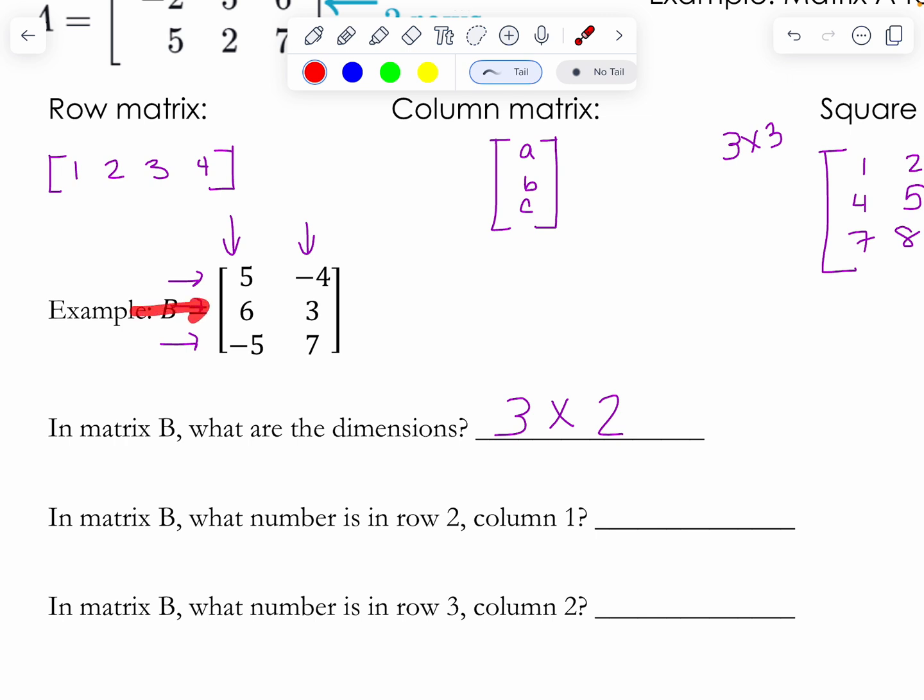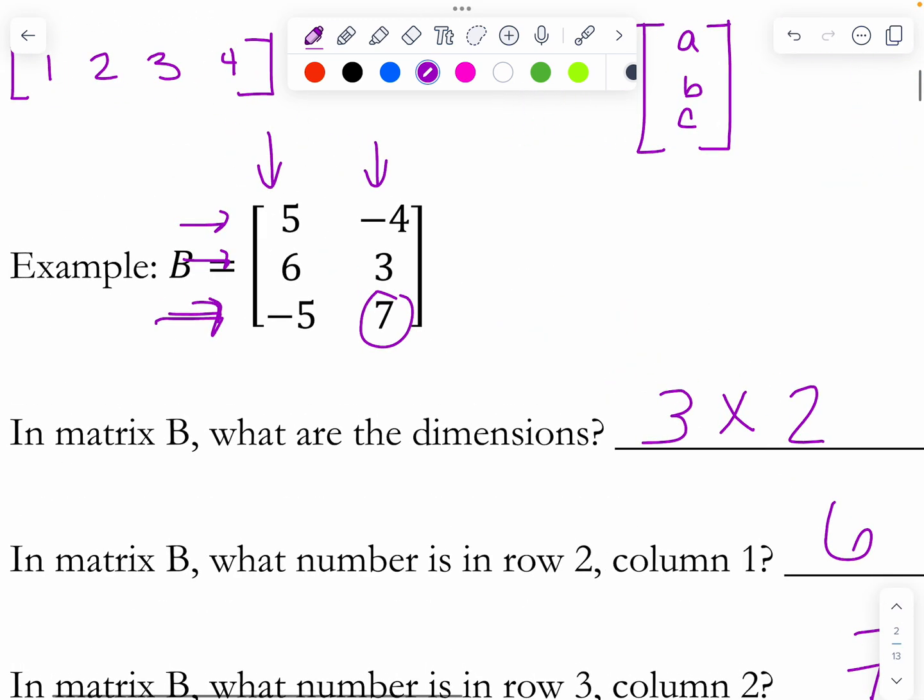Row 2 is going to be right here, column 1, this is going to be 6. Then it asks what number is in row 3, column 2. So row 3, column 2 would be 7. So this would be row 1, row 2, row 3, column 1, column 2.